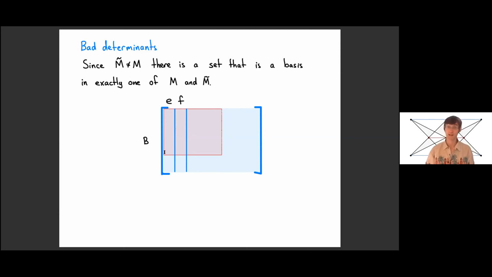I call that a bad subdeterminant. And that bad subdeterminant necessarily contains both E and F, because when I delete E or F, I have a representation.